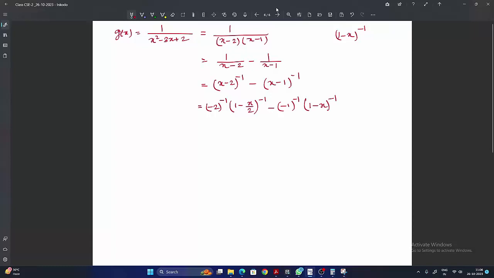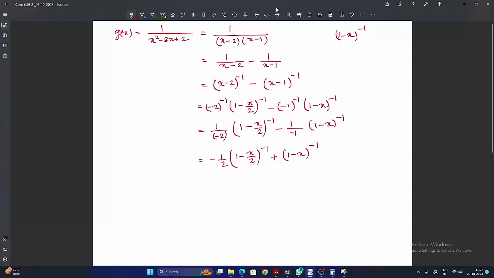Okay, so what are the values? Minus 1 to the power minus 1 means actually 1 by minus 2 and 1 minus x by 2 to the power minus 1, and it is minus 1 by minus 1 into 1 minus x to the power minus 1. So here you will get minus 1 by 2 into 1 minus x by 2 to the power minus 1, and here you will get plus 1 minus x to the power minus 1.